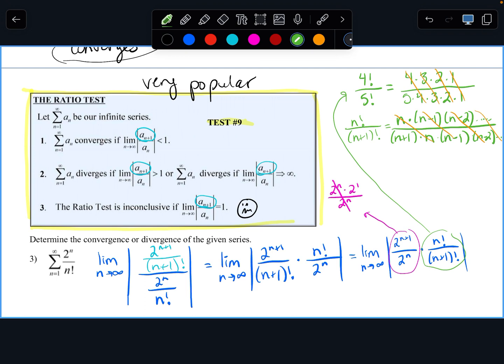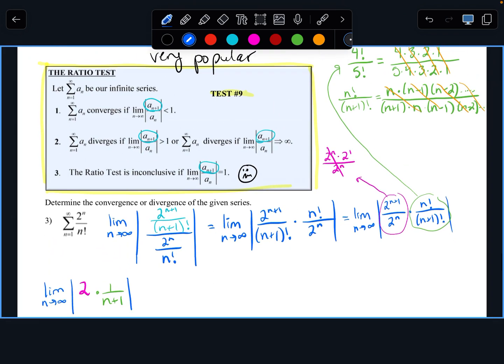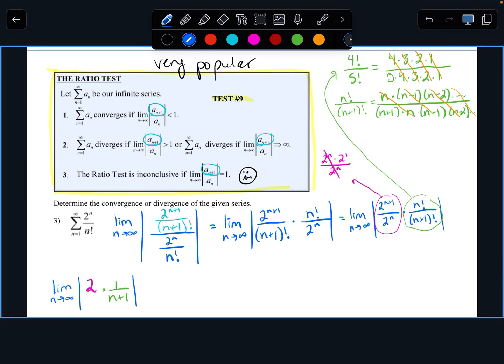So that second guy turns into 1 over n plus 1. You're going to do that a lot with the factorials. So if you want, just start writing them out, or write one with actual numbers, so it's easier to think about.